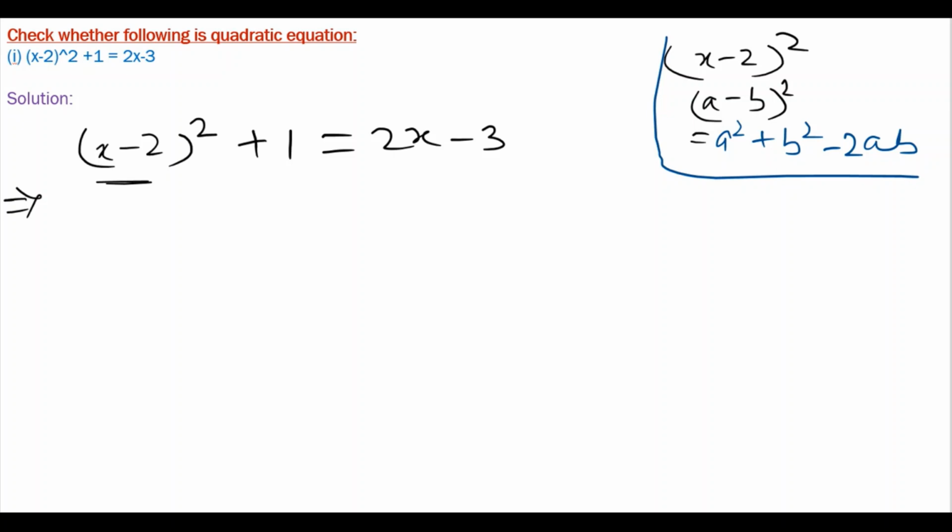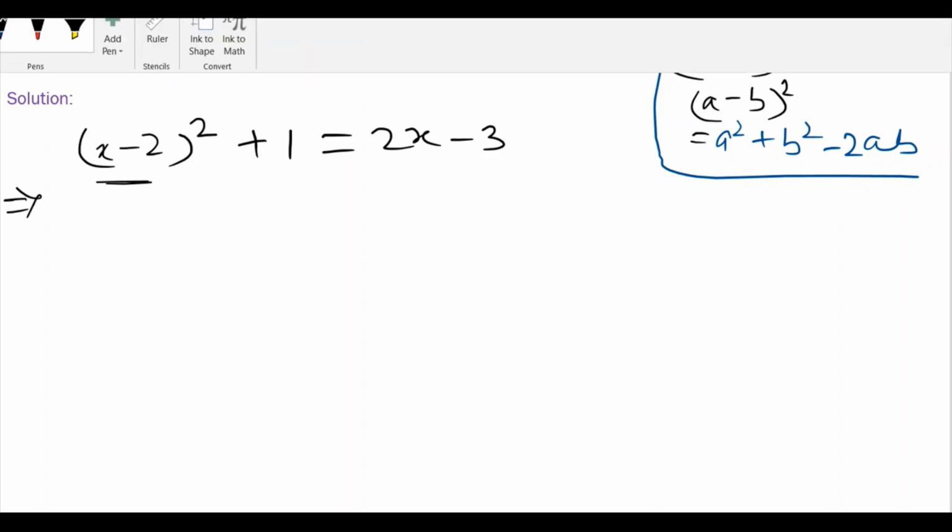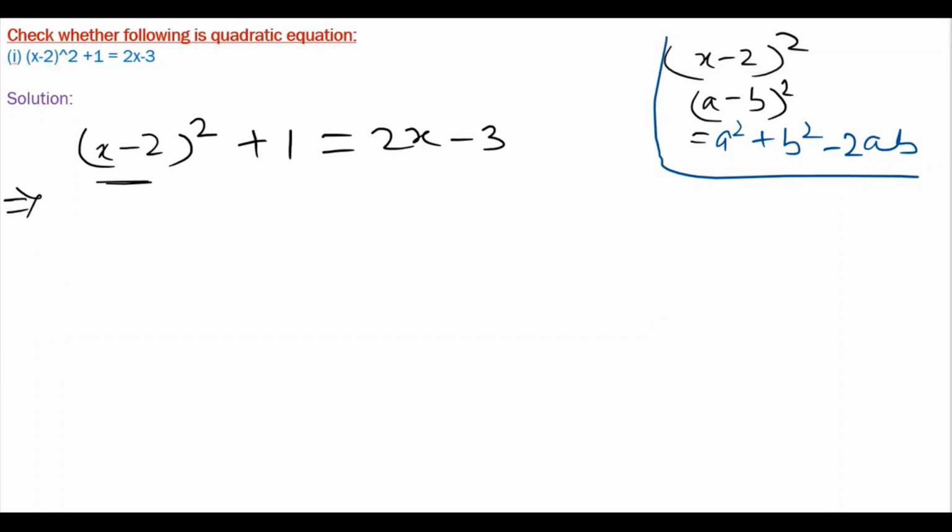You need to remember these formulas very much, a plus b whole square, a minus b whole square, a square minus b square, a square plus b square, because they will be used very frequently in quadratic equations. So you must remember this. There is no other option. So x square plus 4 minus 4x plus 1 is equal to 2x minus 3.